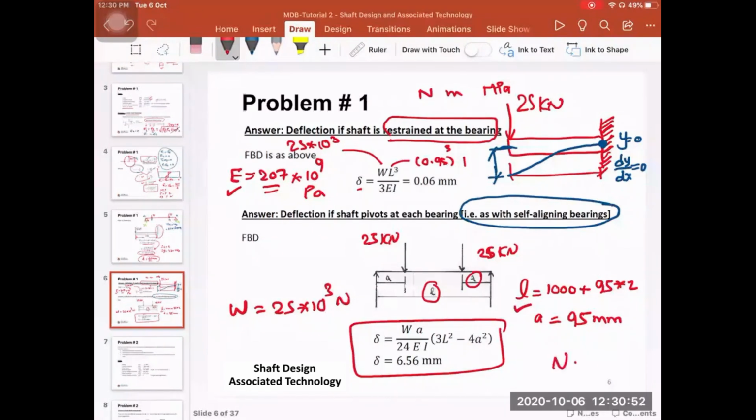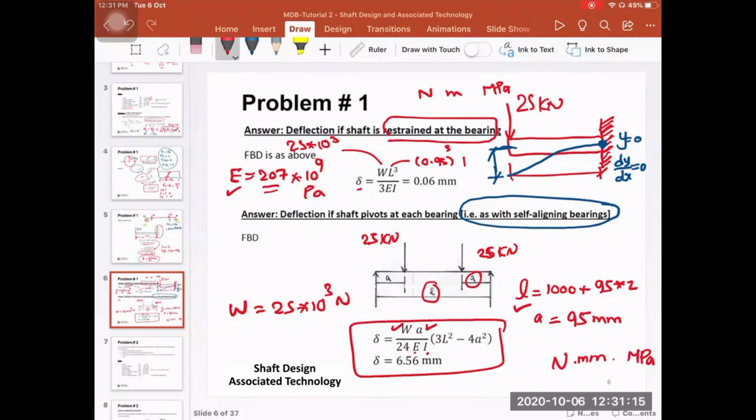Again, Newton, meter, megapascal is my favorite set of units. Sorry, Newton, millimeter, megapascal. So the force can be substituted in Newton, A in millimeter, then E is in megapascal, and then I in millimeter to the power 4.